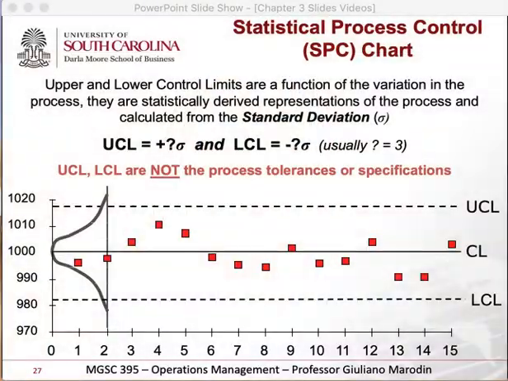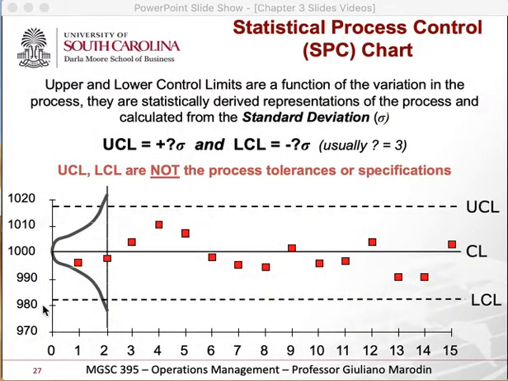That line is going to be about 3 standard deviations higher or lower, plus or minus. Because, as I explained in the previous video, if it's more than 3 standard deviations from the mean, it's telling me that it's very unlikely that it's only normal cause variation happening. So it is probably because a special cause variation was happening.